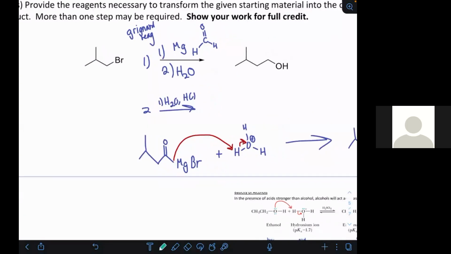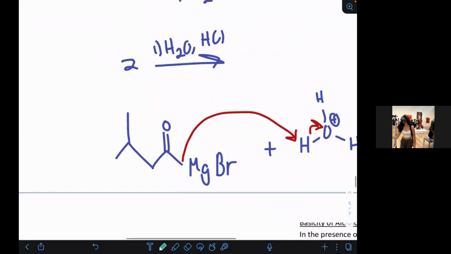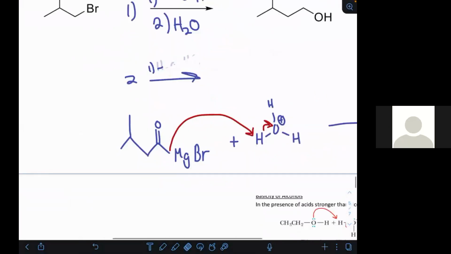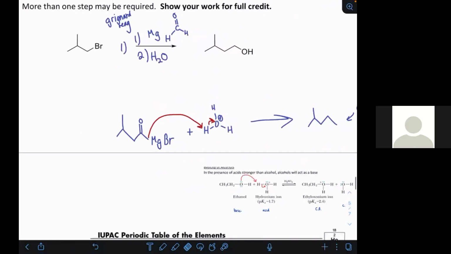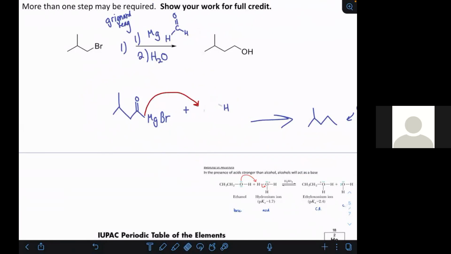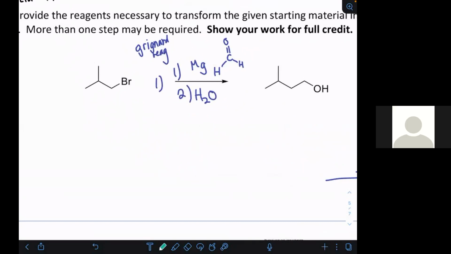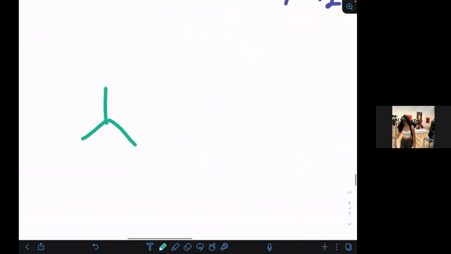Well, you have to erase the H2O HCl right now. I think that's what's confusing you. So delete that. Just do the reaction with magnesium. So you'll just add Mg between the Br. Oh, okay.